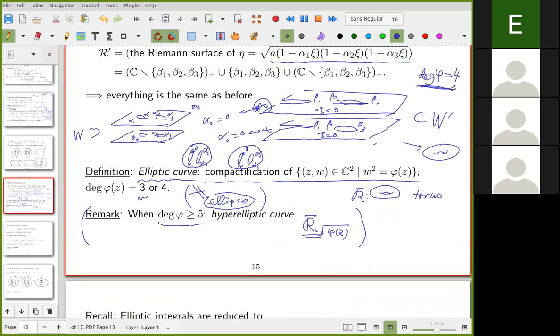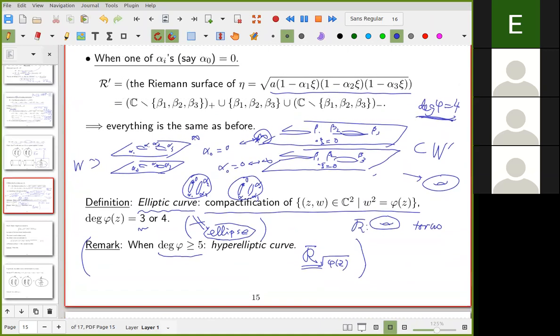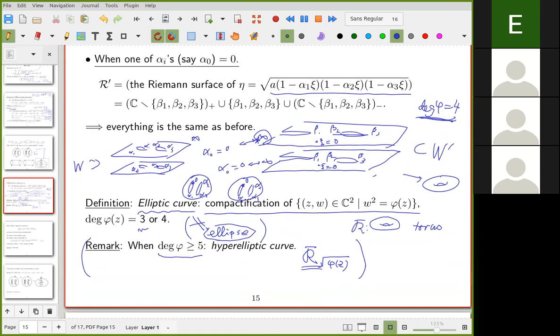Actually, everything goes through, and if we replace beta and alpha here, you might see that the construction of the curve for a degree 3 polynomial is exactly the same as before.